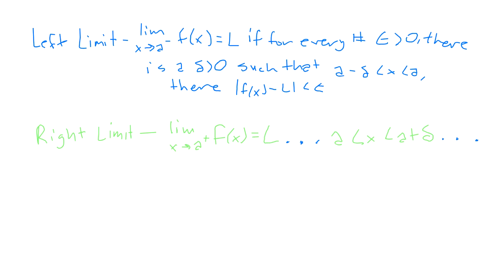So let's show how we can apply this to one-handed limits. Let's say we have a piecewise function. Let's define this as f of x equals x plus 1 for x greater than 0, and negative x minus 1 for x less than or equal to 0.